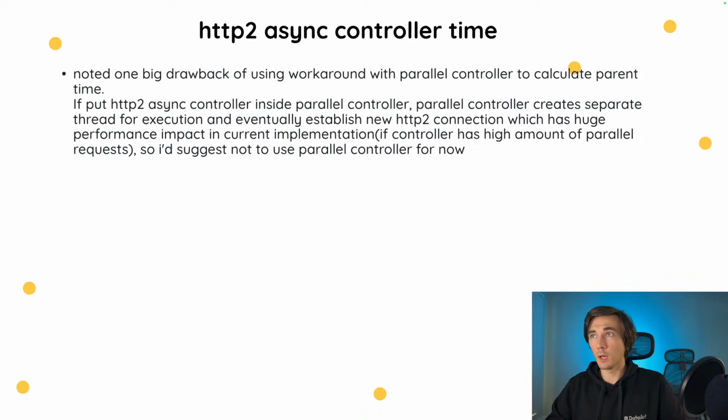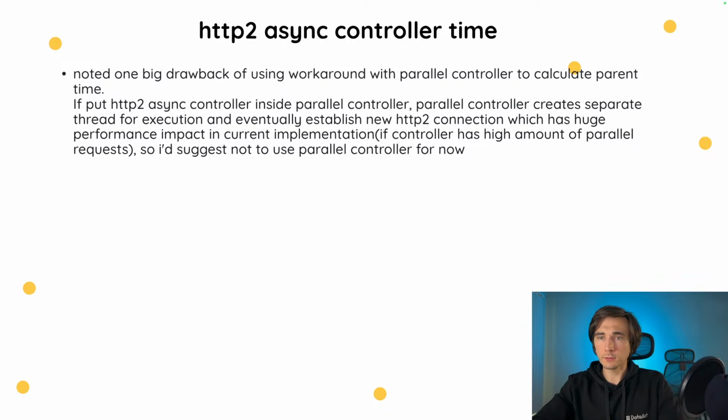This parallel controller will create a new connection, and this new connection again sends all the requests and initiates the connection for them. So it creates a burst of memory and CPU utilization. It is not a good way to go.